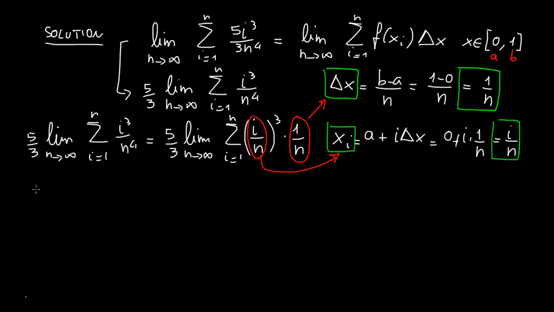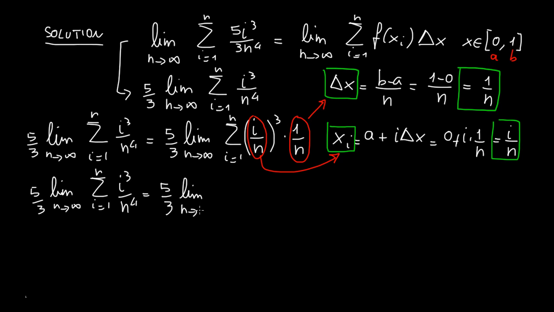So our limit can be rewritten now as a Riemann sum, which is what we wanted to do when we started, as 5/3 limit for n that goes to infinity of the sum for i that goes from 1 to n of xi cubed times delta x, because delta x is 1 over n and xi is i over n.